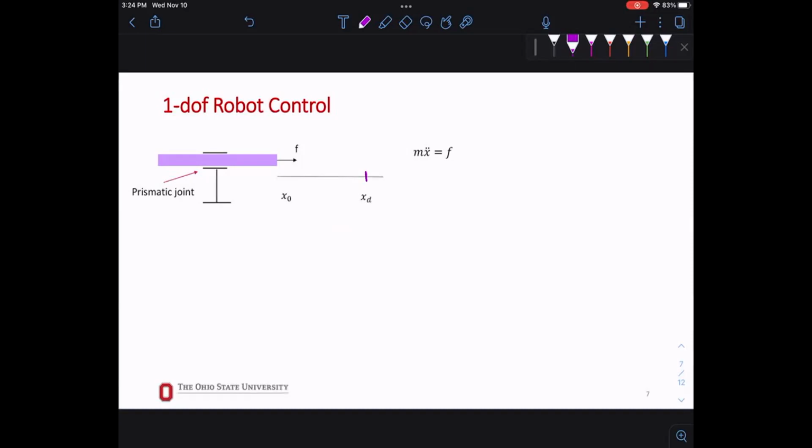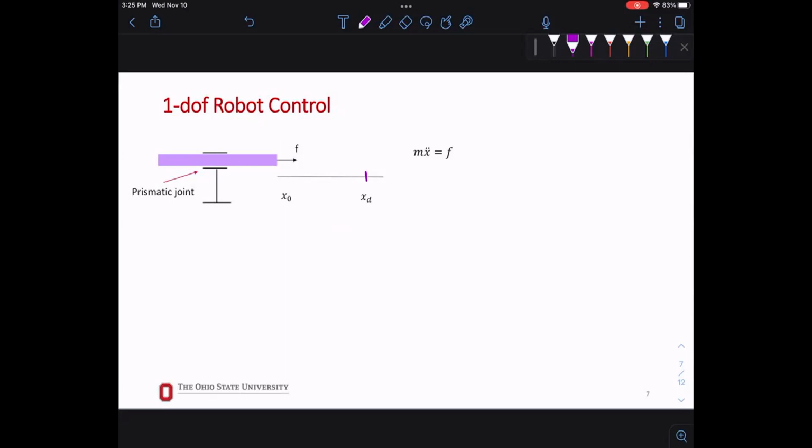So what is the control problem here? Yes, we want to develop a controller that we can always use to go from any position for this prismatic joint to a specific desired position. Do you remember that system that I drew, and what was the control problem? What are we actually trying to find?